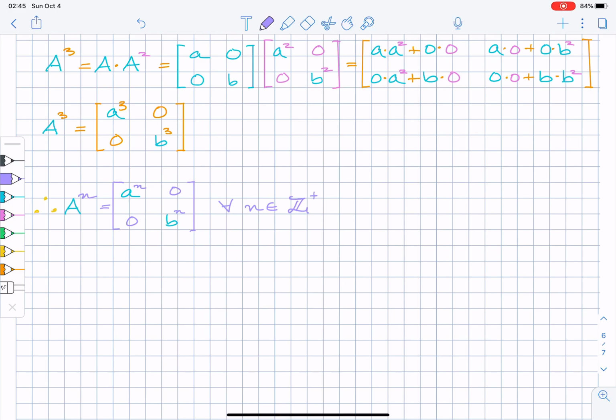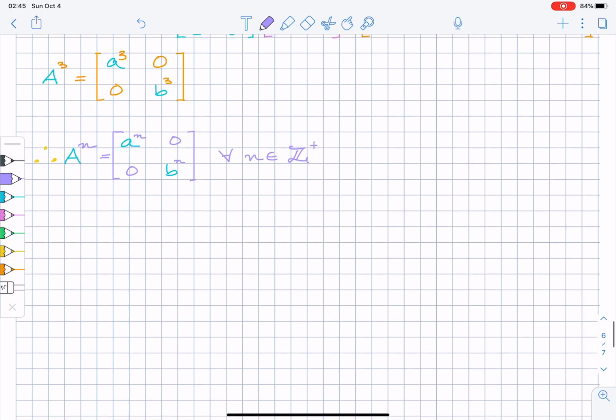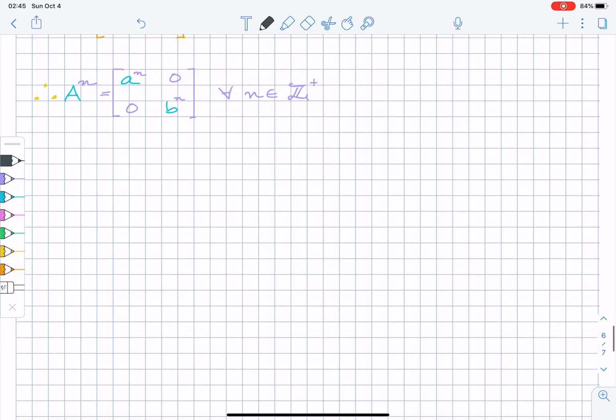Okay, let's do another one. Let A be the 2 by 2 matrix 0, 1, 1, 0. Why does it always autocorrect so oddly?